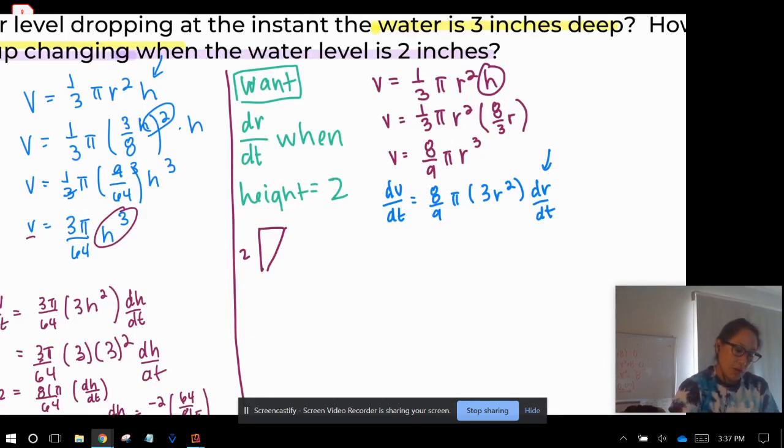Now I know that my height is equal to 2, but I have a little issue because I have radius. So how do I solve for the radius? Remember our ratio here. We had 4 is the height and the radius is 1.5. Now if the height is 2, what is the radius?